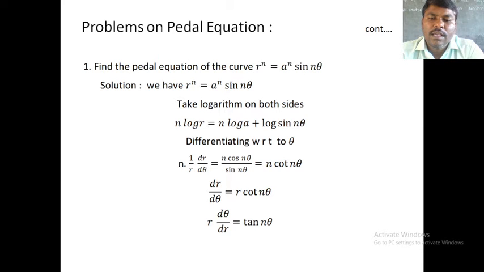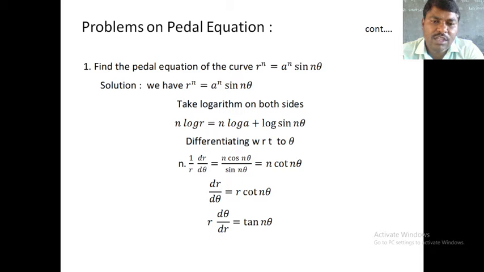On the LHS, n into the derivative of log r is 1 by r into dr by d theta, equal to the RHS: n is constant, n into log a. Log a is constant, the derivative of a constant is 0, plus the derivative of log sin n theta, which is 1 by sin n theta.